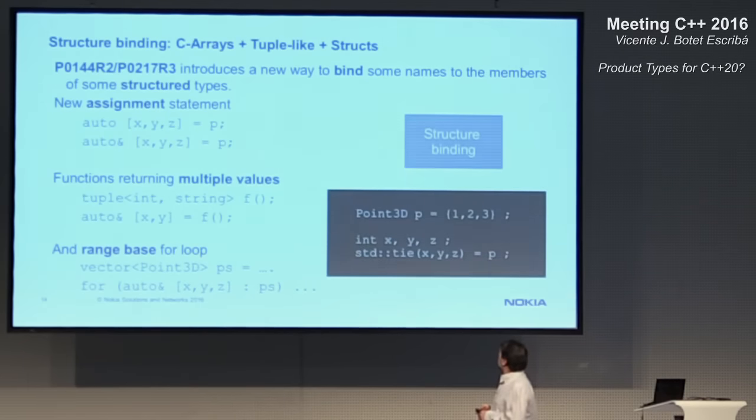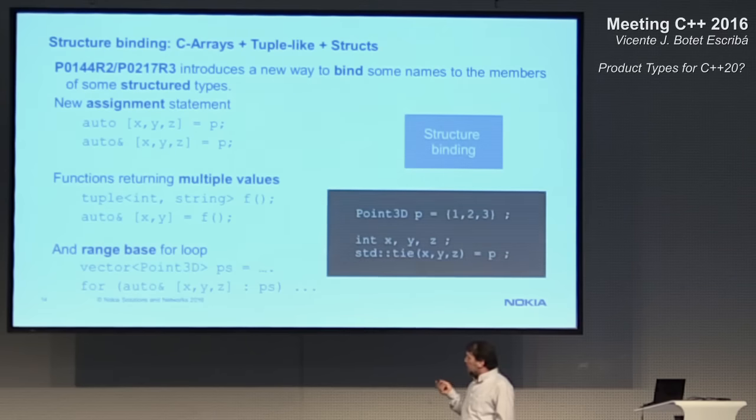So what structured binding gives us is a new declaration statement that allows to extract either by copy or by reference, or there are more variants of that. And we can use it to, in some way, emulate a function that returns multiple values. And now it is quite easy to extract the contents of each one of these values.